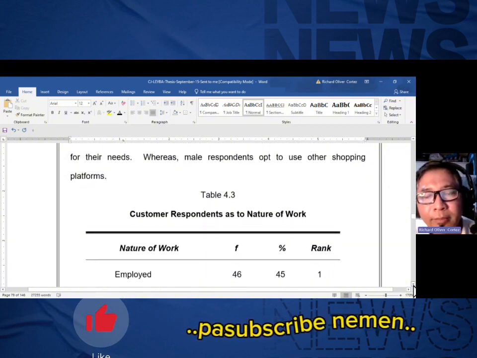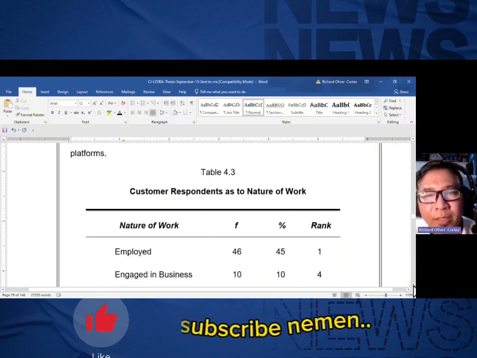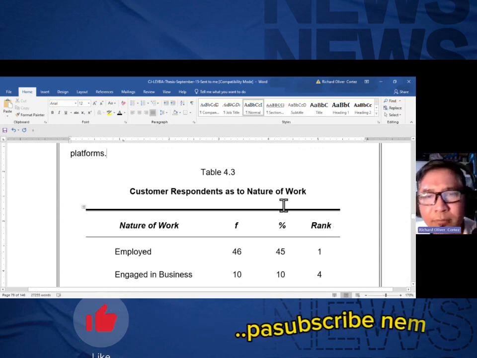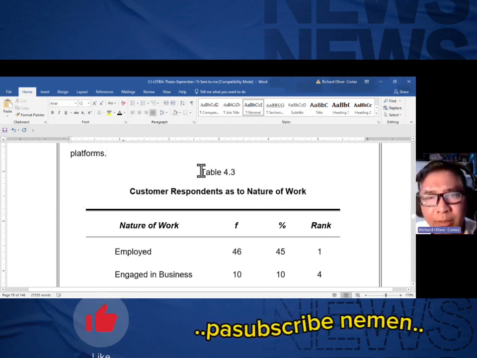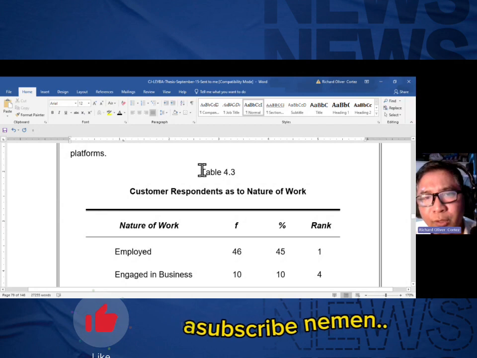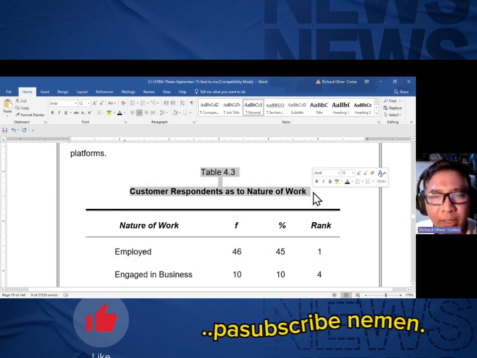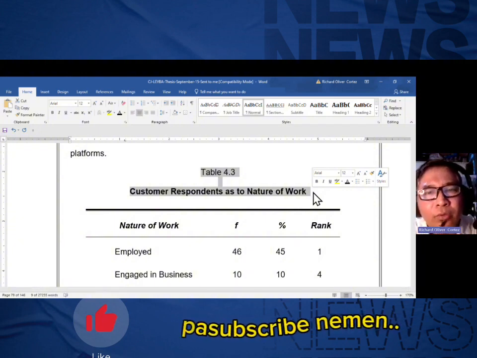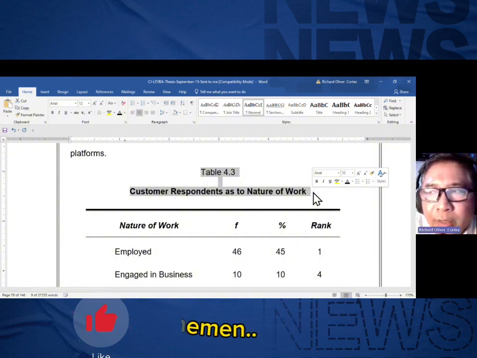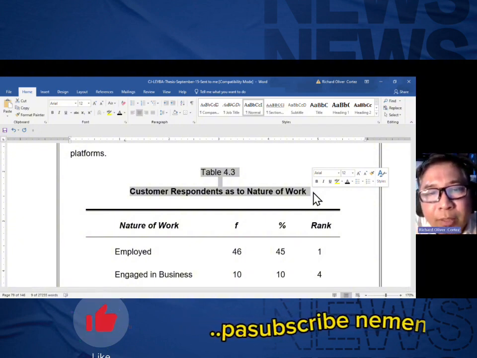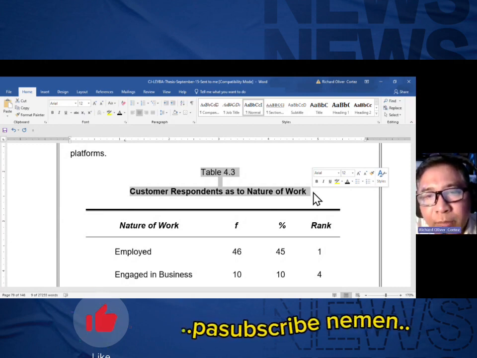And still on the demographic profile of the respondents, for example, you want to know their nature of work. Although in your demographic profile you can mention the age, the gender, the civil status, educational background, sometimes you can also ask the work of the respondents.